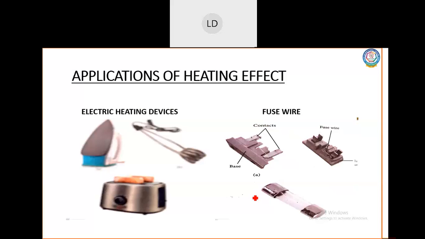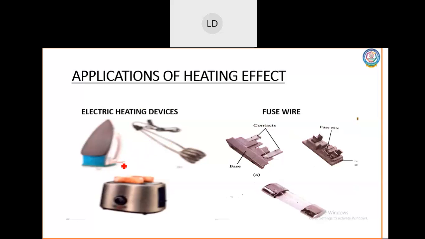Now look at this. These are all electric heating devices that we use in our daily life. This is a geyser, this is a toaster, this is an electric iron. All these produce heat energy. Yes or no? So how is Joule's effect used here? It is utilized in all these electrical appliances.